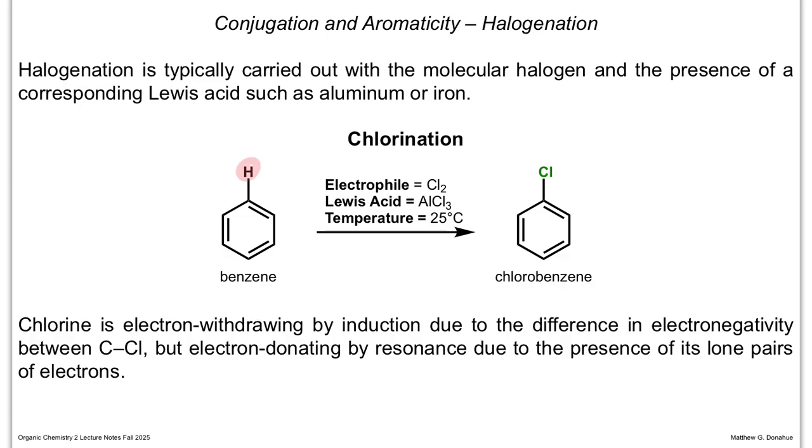So here's our benzene H. We can treat it with chlorine, aluminum trichloride, and now we have chlorobenzene. The halogens, again, are a little bit weird in terms of categorizing them as electron donating or withdrawing.